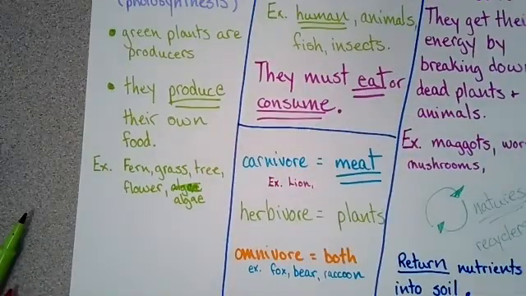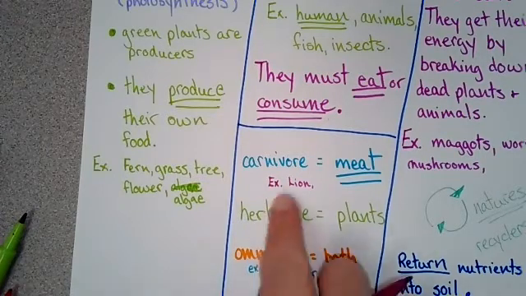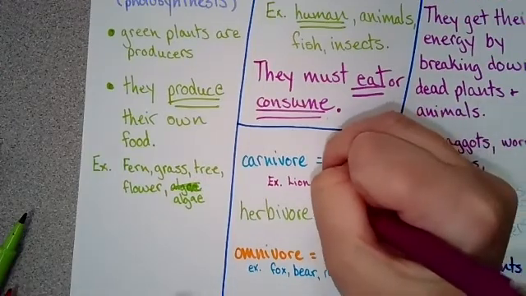You will never see a lion eating a berry. You will never see a lion eating grass. There's actually a movie called Madagascar where the lion in the movie gets sick because he tries to eat something that is not meat. Okay, so carnivore, so lions, tigers.